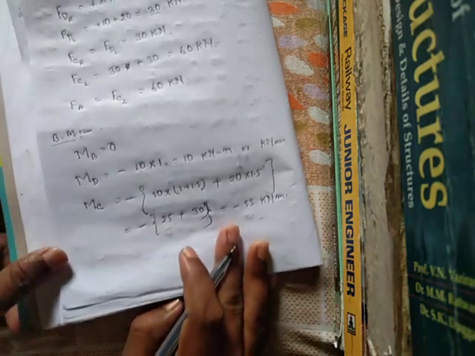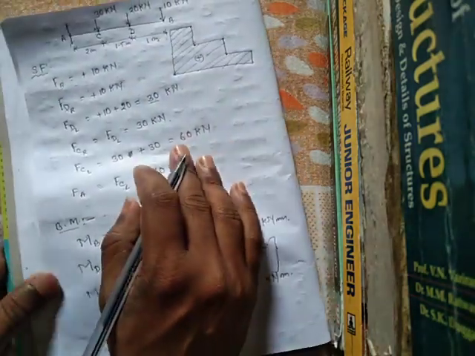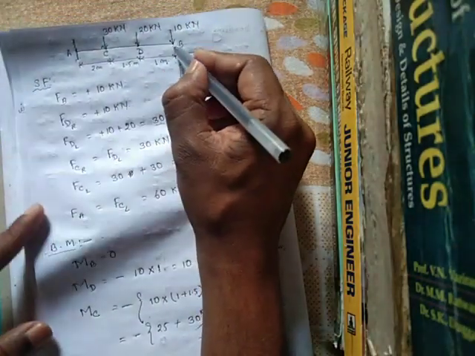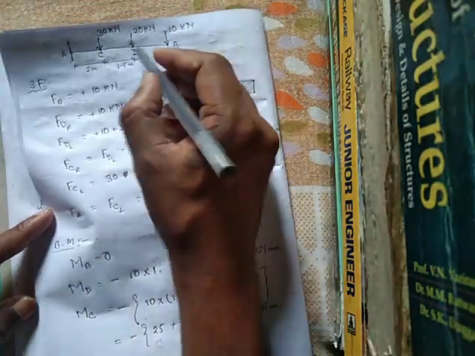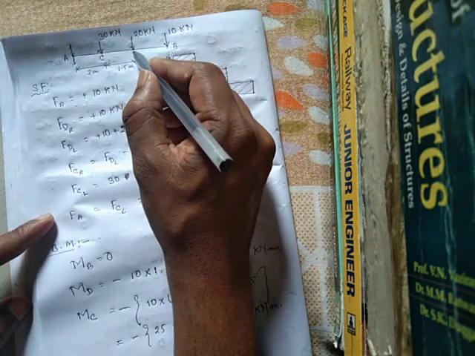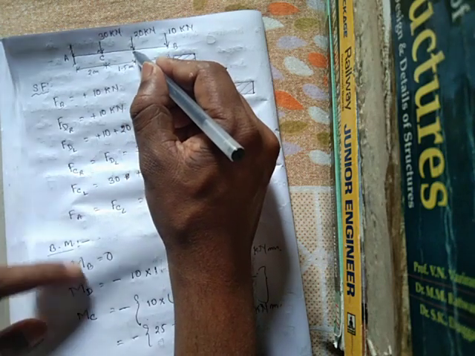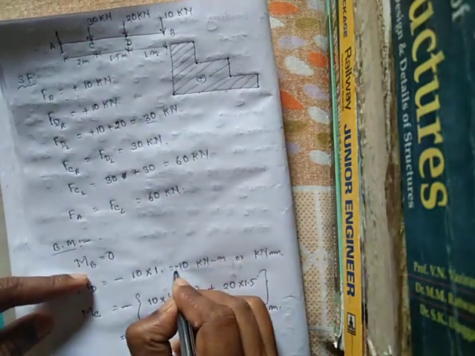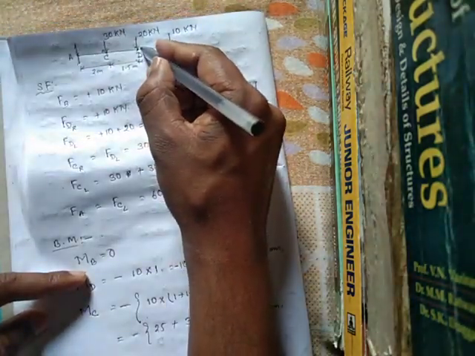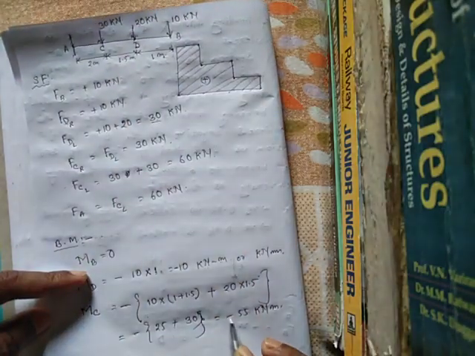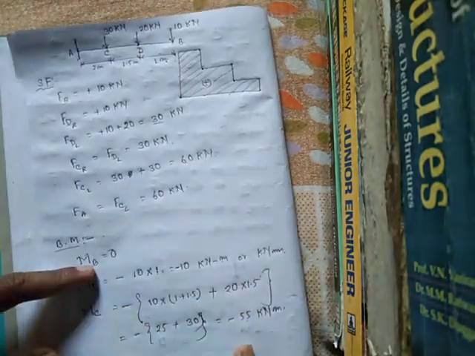Now find out the bending moment at point A. We have found the bending moment at point B, that is 0. At point D the bending moment is minus 10 kilonewton meters, and at point C we found minus 55 kilonewton meter.